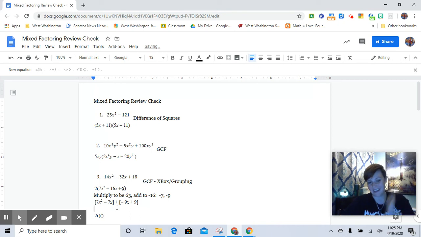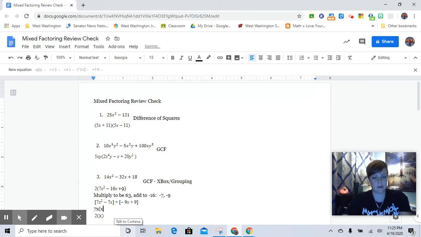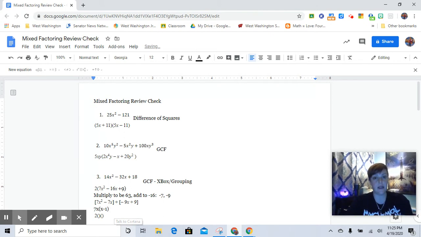All right, so those are my groups. And what's nice is out of this first group, the 7x comes out, and that leaves me with x minus 1. And remember, the stuff inside the parentheses on each one of these groupings has to be the same. And then since this first term is a negative, we're going to factor out the negative, so we're going to take out the negative 9.